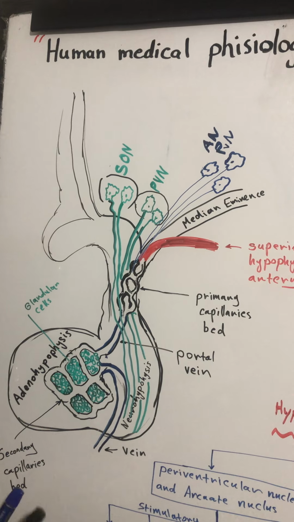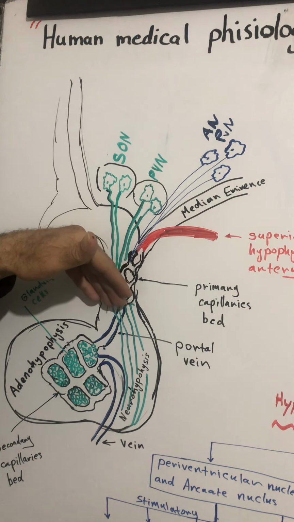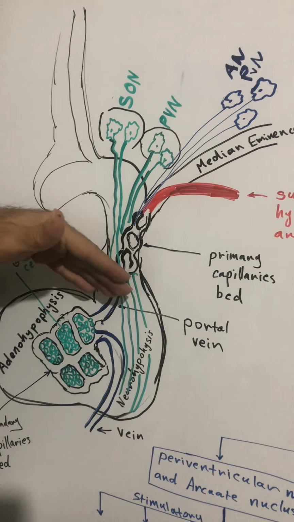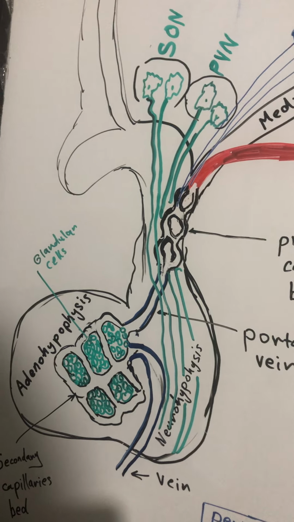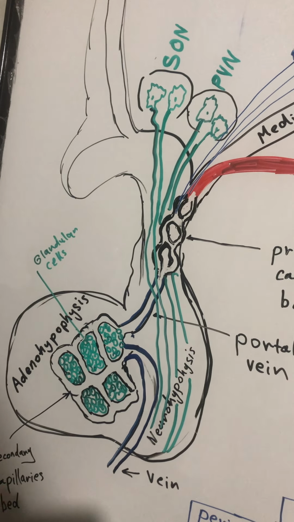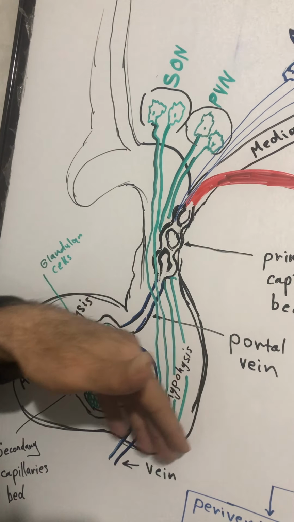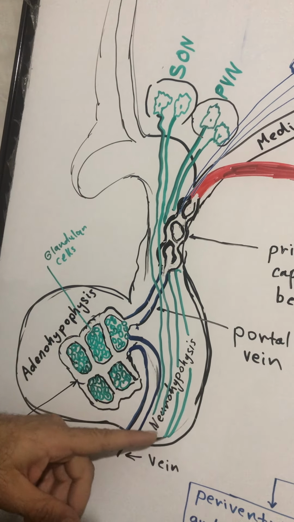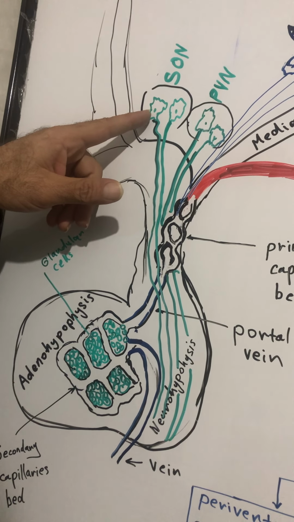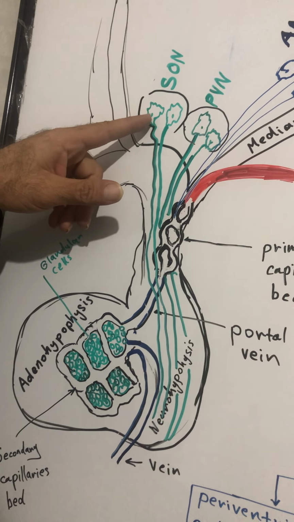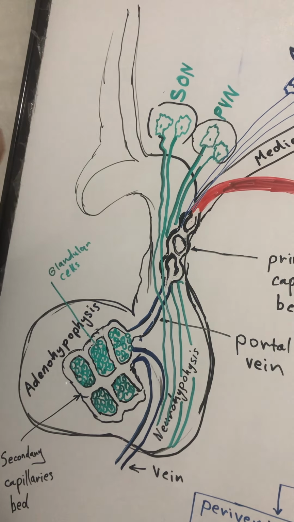The axons of those neurons extend and reach the posterior lobe of the pituitary gland. For that, the posterior lobe of the pituitary gland, as you see, is composed only of the axons of the supraoptic and paraventricular nuclei neurons.